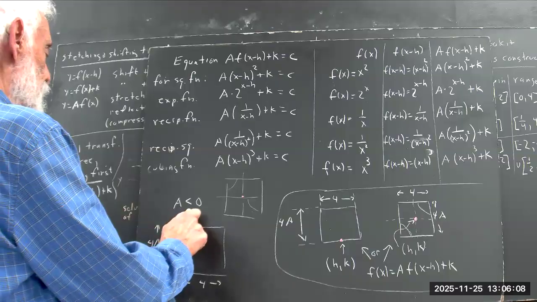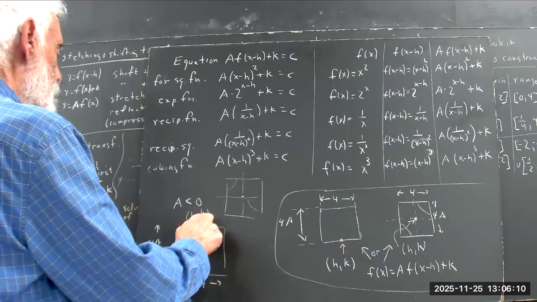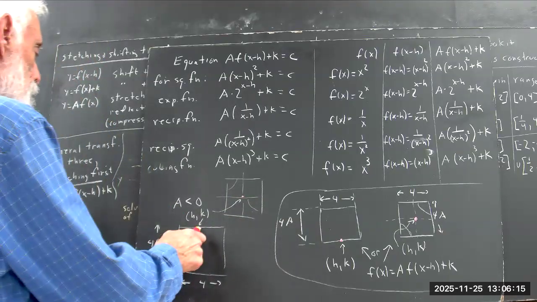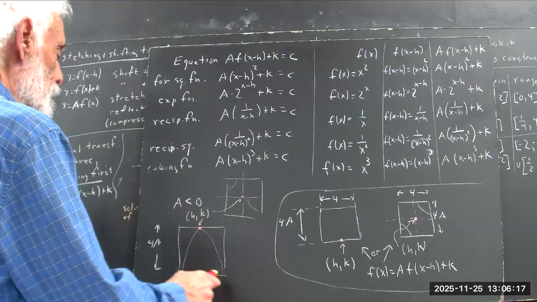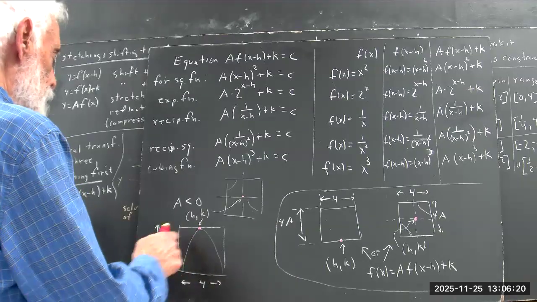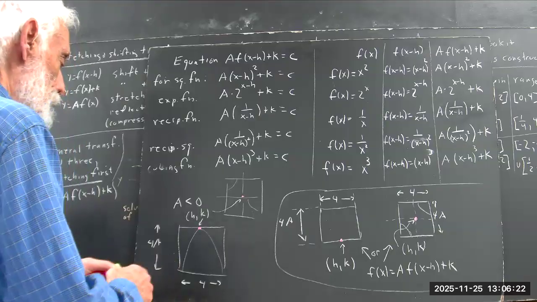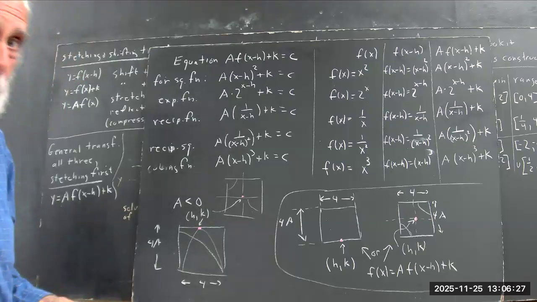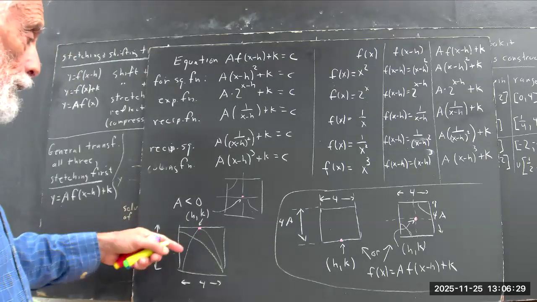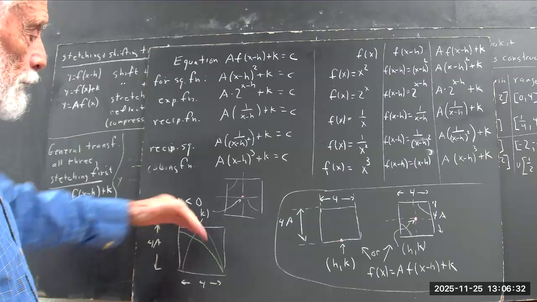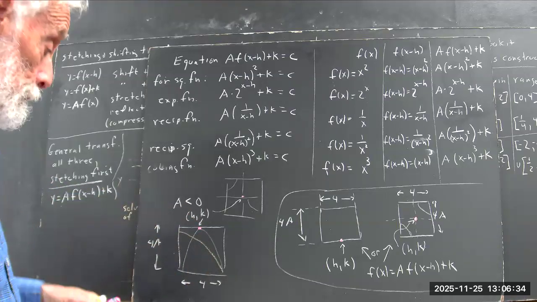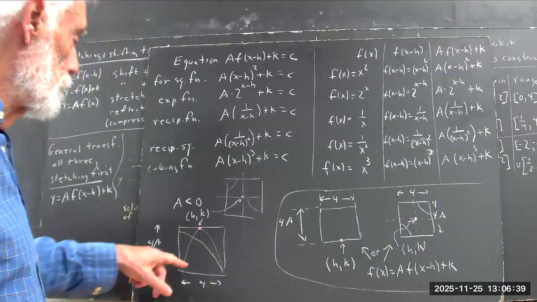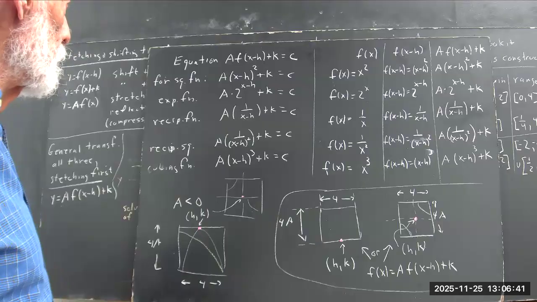The red dot is still at h, k, here or here. But the graph, like your squaring function, will look kind of like that. Your exponential function will have a graph that kind of does this. You should recognize those as an upside down squaring function and an upside down exponential function. And there are other details, but that's the general picture.